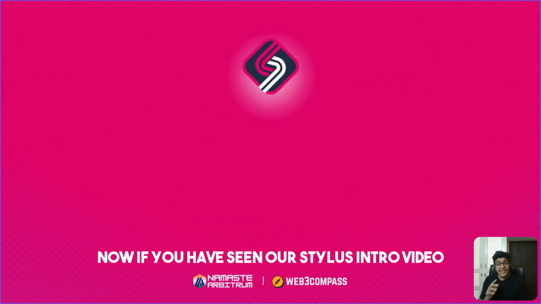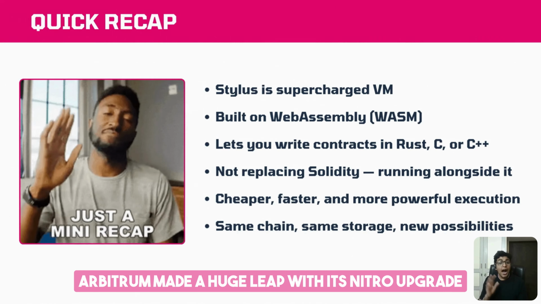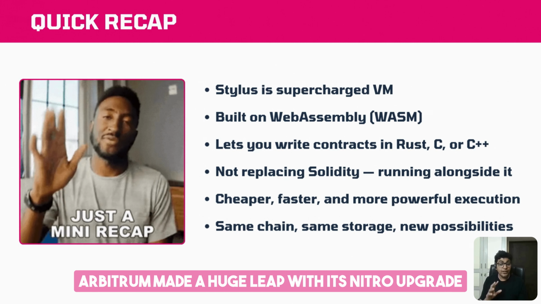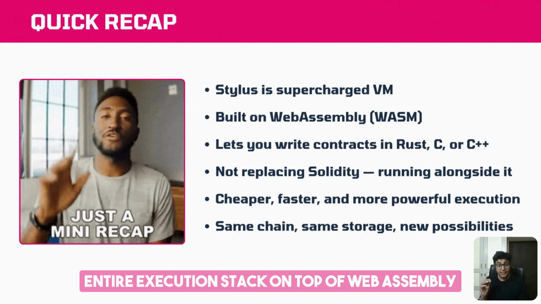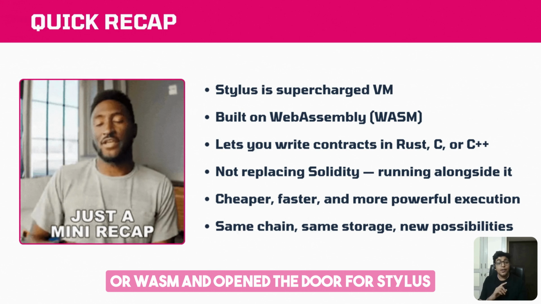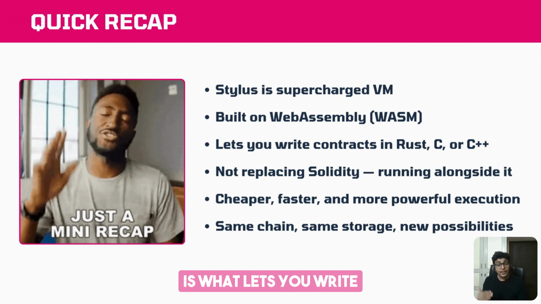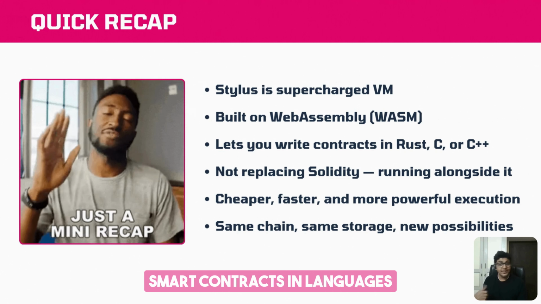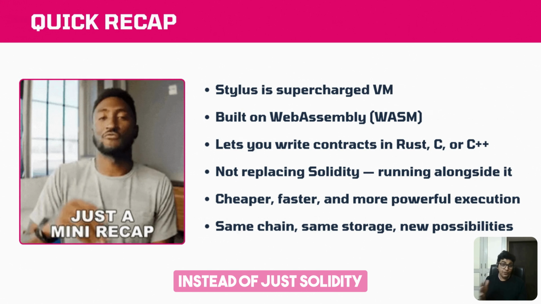Now, if you have seen our Stylus intro video, you already know the big idea. Arbitrum made a huge leap with its Nitro upgrade. That was when they rebuilt their entire execution stack on top of WebAssembly or WASM and opened the door for Stylus. Now, Stylus is what lets you write smart contracts in languages like Rust, C, C++, Go, etc., instead of just Solidity.